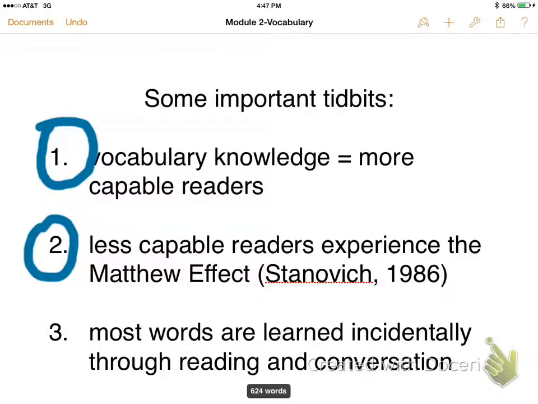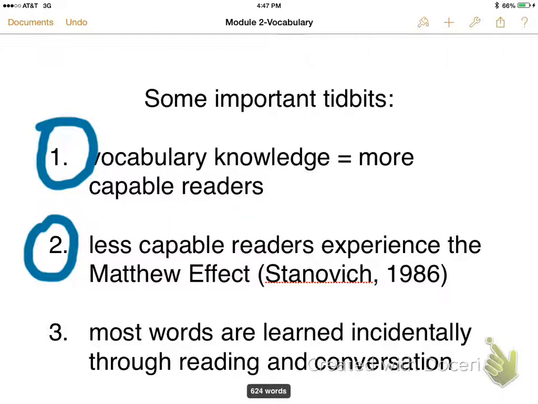The Matthew effect basically says that if two children start kindergarten at the same time, one who is a less capable reader or knows less words, less vocabulary, and the second child who knows vocabulary, then the gap between those two children, whatever that gap is, is going to get wider and wider apart.